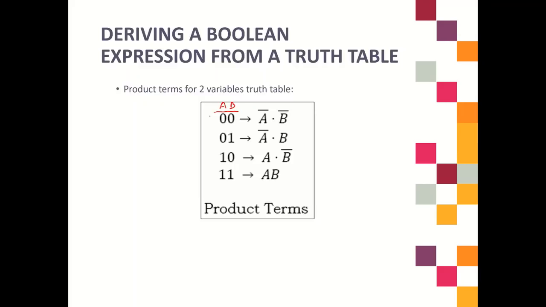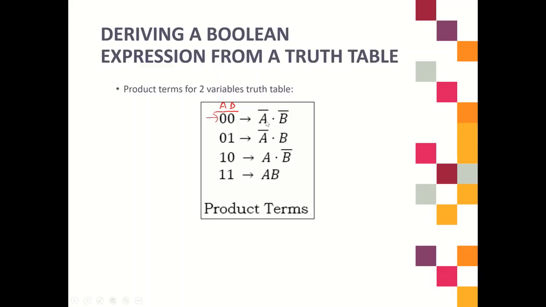So for the first combination, both of your inputs are 0, A is 0 and B is 0. The product term for the first combination is A bar AND B bar, meaning that for both variables you need to complement.